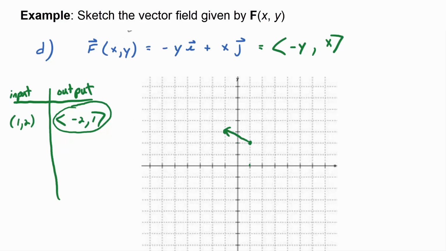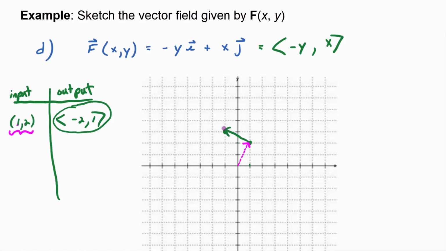And here's the thing. If you draw the original input as a vector, not that you would for the vector field, but if you draw the original input as a vector, what do you notice about this 1, 2 as a vector and the vector negative 2, 1? What about their dot products? If you thought of this point as a vector, what would their dot product be, the input and the output? Or just look at the picture.